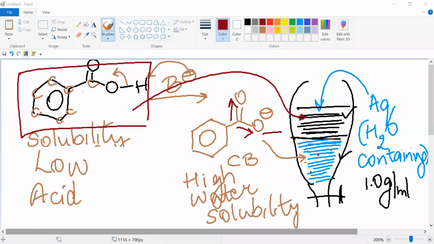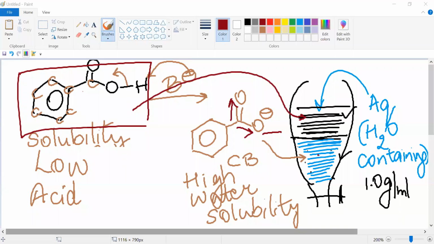If you observe, the solubility of benzoic acid in water is 2.3 grams for every 100 grams of water. However, after the deprotonation, the solubility of this benzoate anion increases dramatically and reaches almost 63 grams for every 100 grams of water.